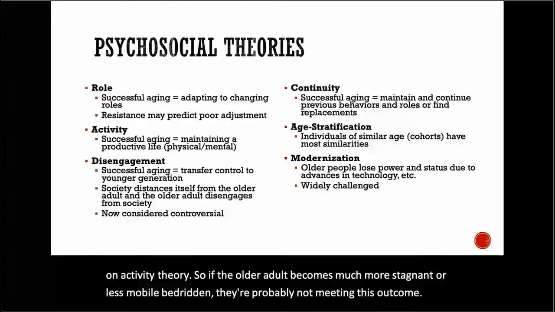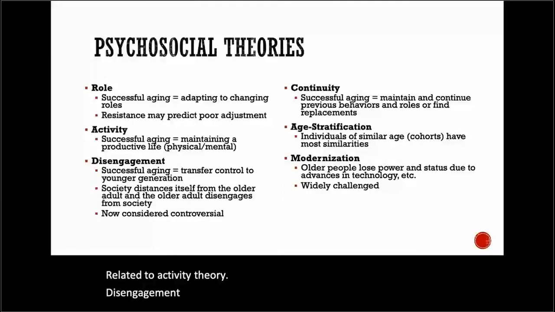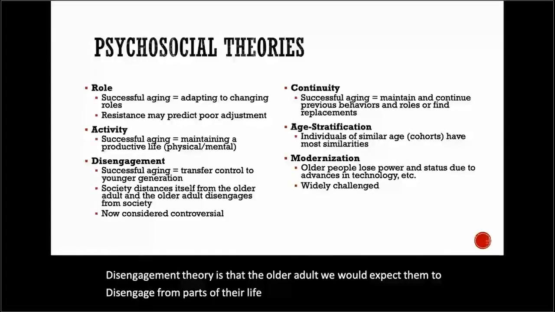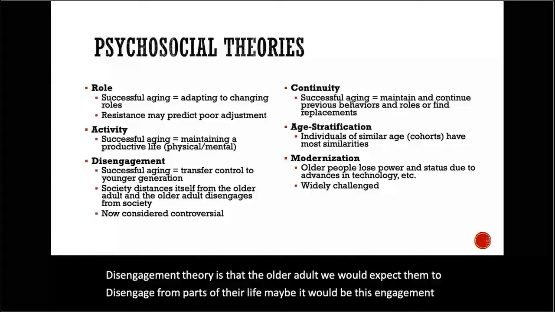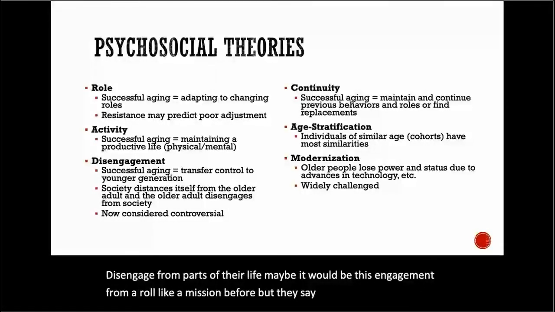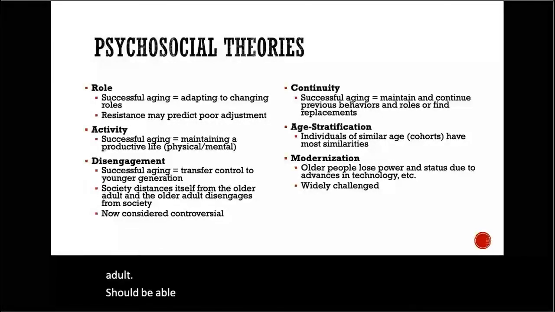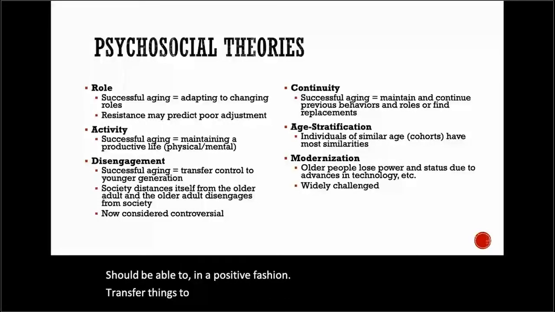to activity theory. Disengagement theory is that we would expect the older adult to disengage from parts of their life. Maybe it would be disengagement from a role, like I mentioned before, but saying that the older adult should be able to, in a positive fashion, transfer things to younger generations.